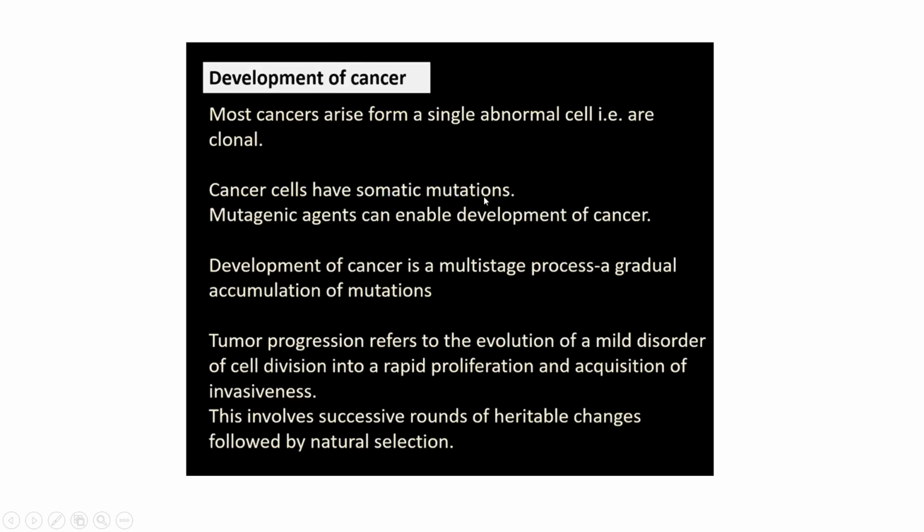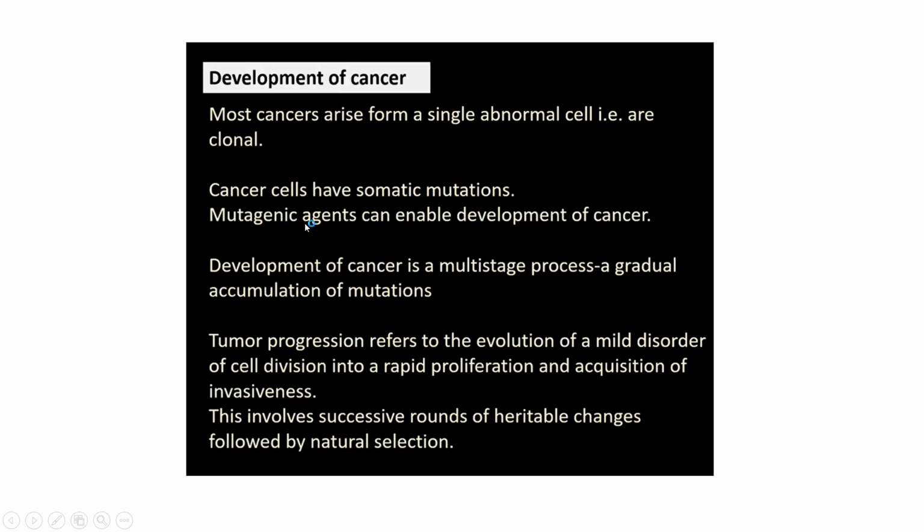Somatic mutation is the main thing which occurs: mutation in the DNA of the cells, which provides resistance to certain controlling mechanisms inside the cell, promoted by certain mutagenic agents, which enable development of cancer.